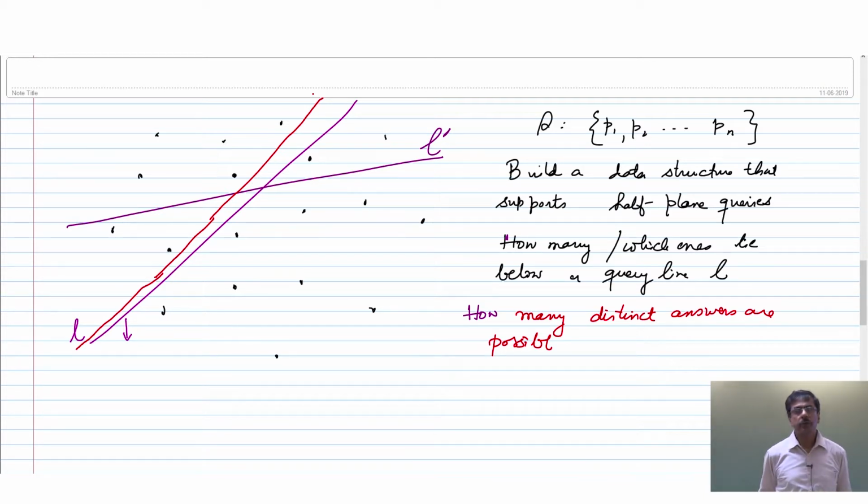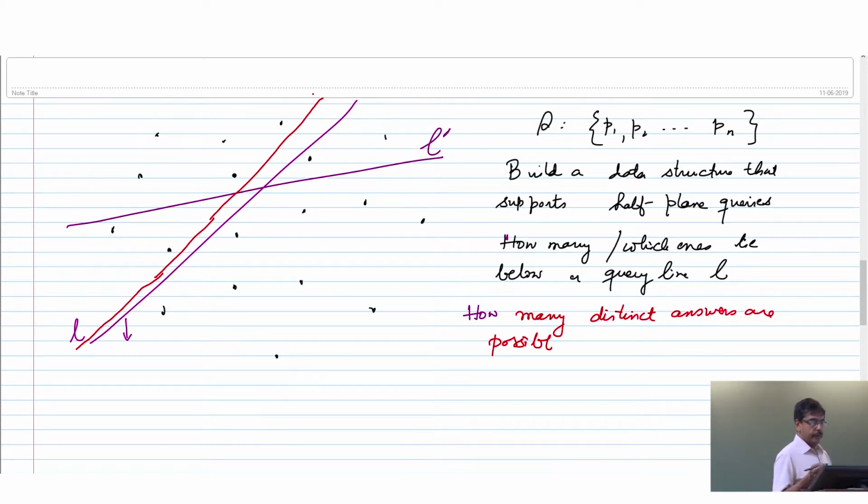Right. So, the question is how many distinct answers are possible. Now, if you do just a very naive kind of an argument, there are n points. Okay. After all, what is happening? The set of points is being partitioned into 2 parts, right. So, how many partitions are possible essentially, that is what it comes down to.